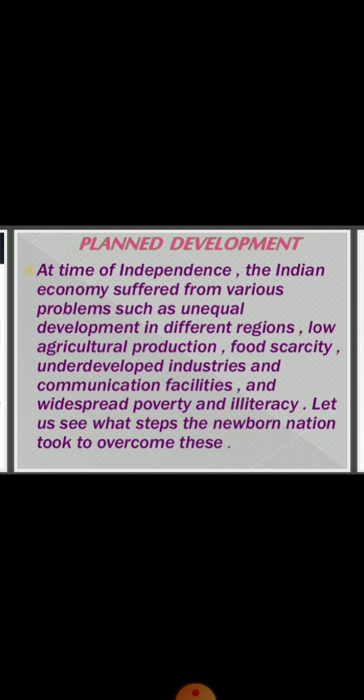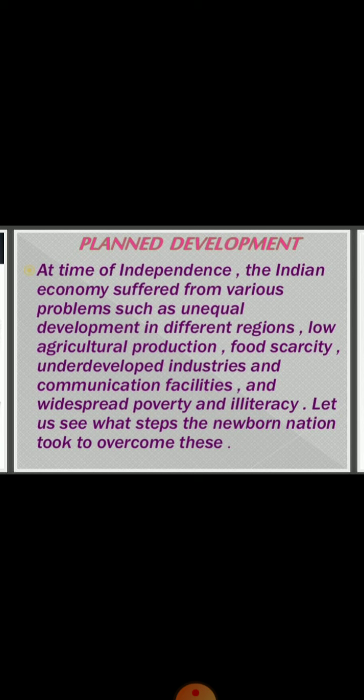poverty and other things. So, at the time of independence, the Indian economy suffered from various problems, such as unequal development in different regions and low agricultural production. Why low agricultural production? Because much of the fertile land had gone to Pakistan.